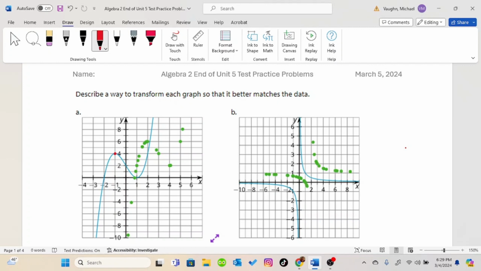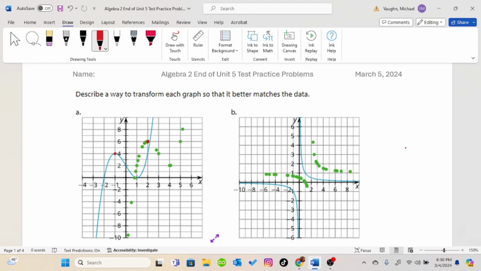So we know that this point is at -1, +4. And then you look for the corresponding point on the green dot data points. And that would be right here, where x is 2 and y is 6.